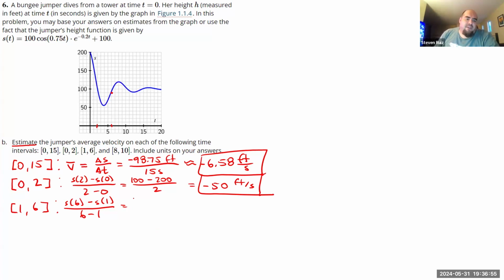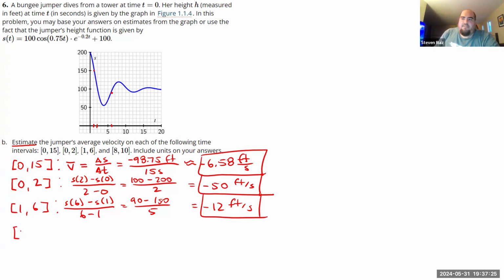By the way, I'm estimating, so my numbers might be slightly off from yours, especially if you really did plug into this formula, but that's okay. And what's happening at 1 second? Let's say 150. So 90 minus 150 over 5. So that's negative 60 over 5. So that should be negative 12 feet per second.